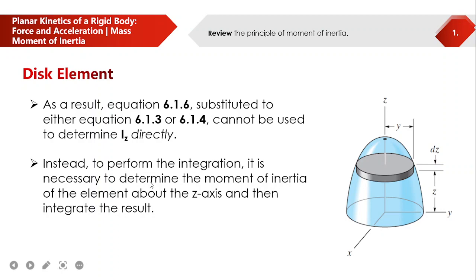It cannot be solved directly, unlike the shell element, where you can compute the whole body directly. For this element, you have to find the moment of inertia of the element, and after that, integrate from the lower limit to the upper limit to get the moment of inertia of your whole body.